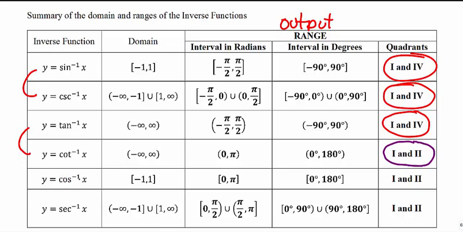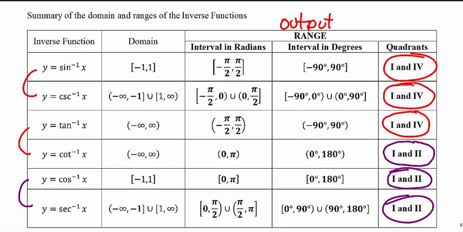Both cosine, the inverse function for cosine, and the inverse function for secant both come from quadrants 1 and 2. So we can actually use the reciprocal relationship to determine the angles for cosecant, cotangent, and secant.